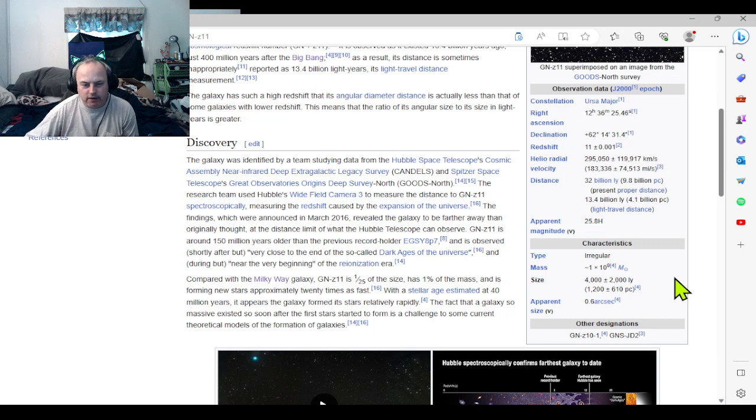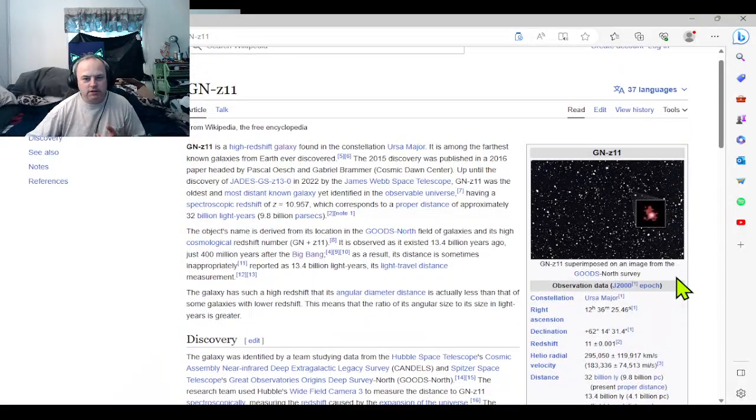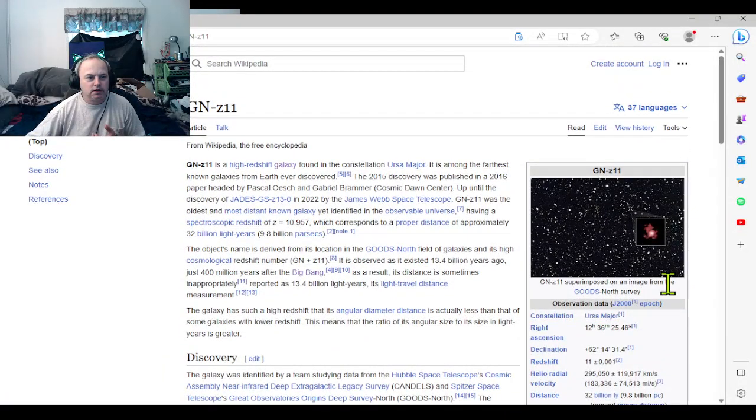Okay. So it's relatively small. To me, that sounds like a really small one. It's young, 4,000 light years across. Yeah, so this is just a redshift galaxy. It's among the farthest known.